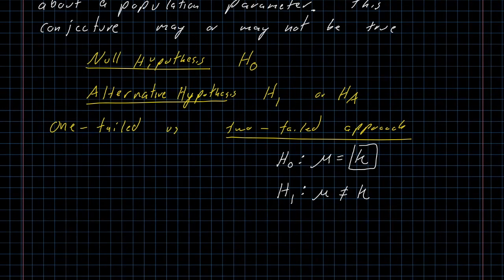The one-tailed approaches show up in conditions where you are certain that the relationship goes in a certain direction, either that the population mean for your unknown population is bigger than the known value or is smaller than the known value.